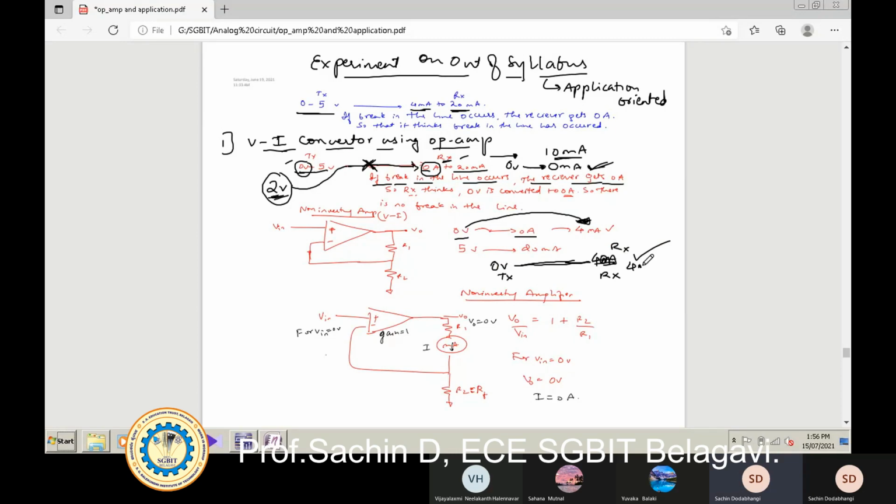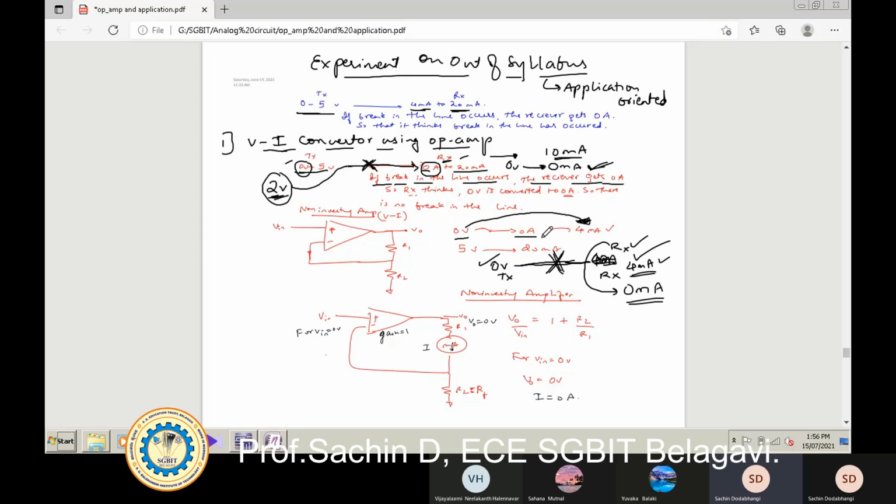So when he receives 4 milliampere, the receiver thinks that the transmitter is sending 0 volt. Suppose there is a line breakage, then he will be receiving 0 milliampere. If the receiver receives 0 milliampere, then he will think, okay, there is a line breakage, that's why I am receiving 0 milliampere.